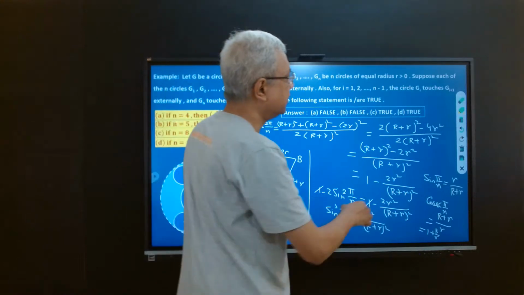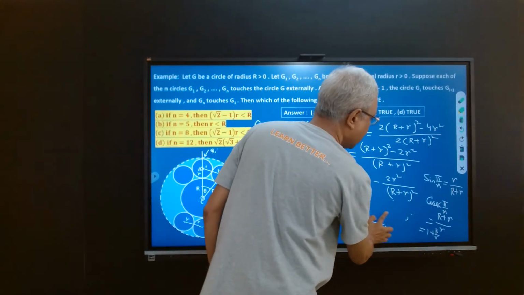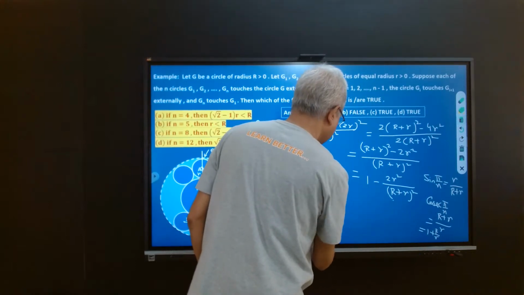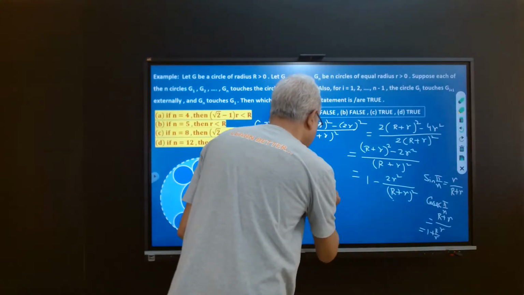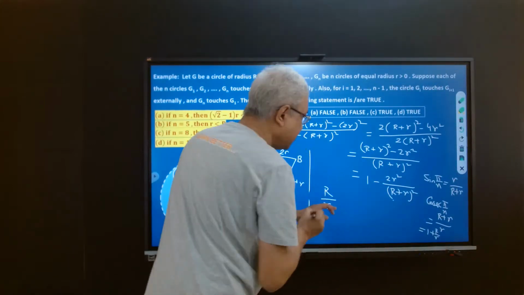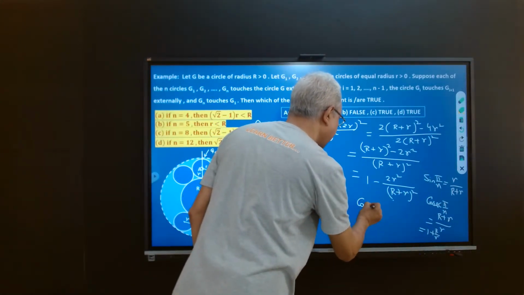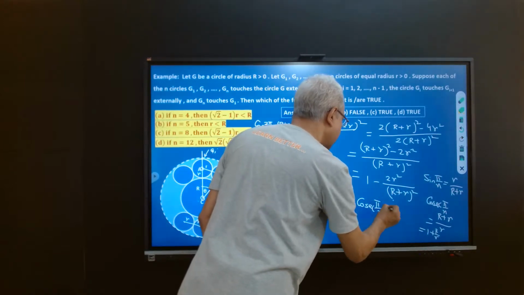So what happens? See what happens. So R by small r is cosec pi by n minus 1.